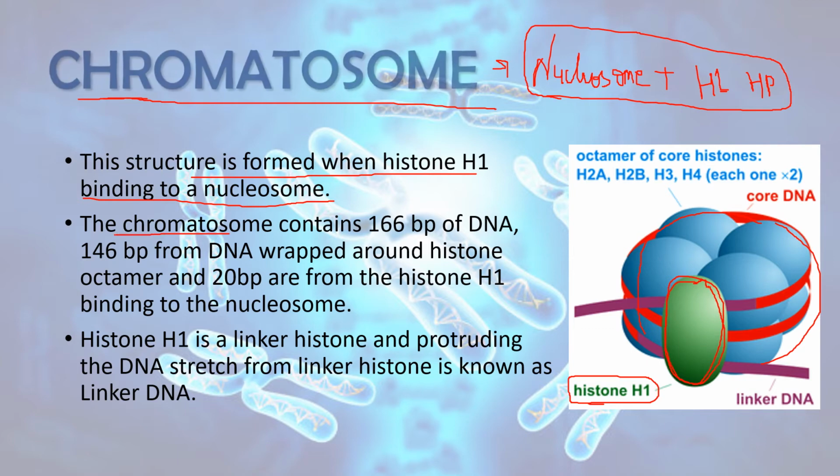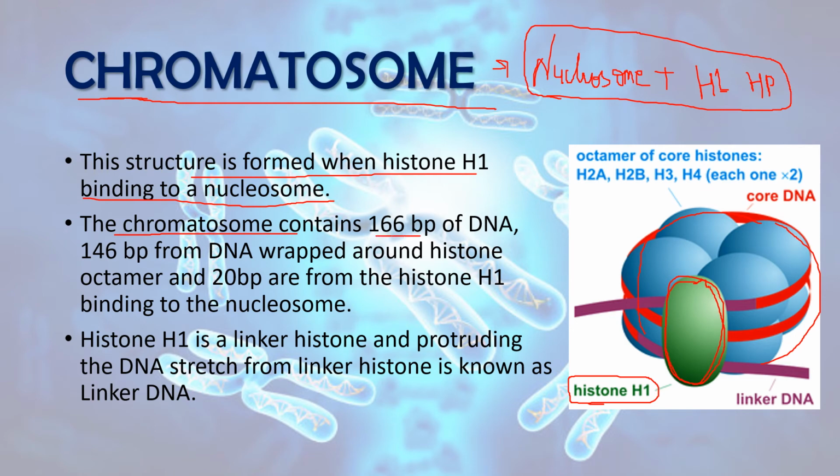The chromatosome contains 166 base pair of DNA, 146 base pair from DNA wrapped around the histone octamer, and 20 base pair are from the histone H1 binding to the nucleosome. Suppose we know that the nucleosome has a core DNA of 146 base pair.